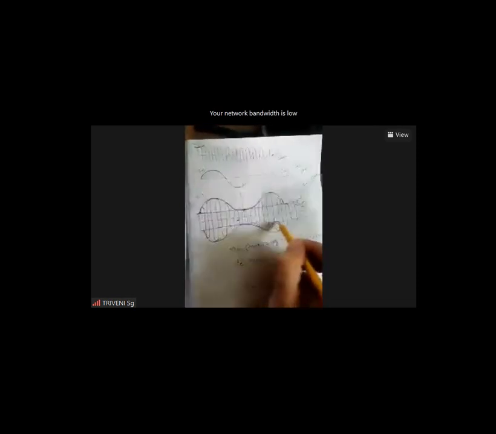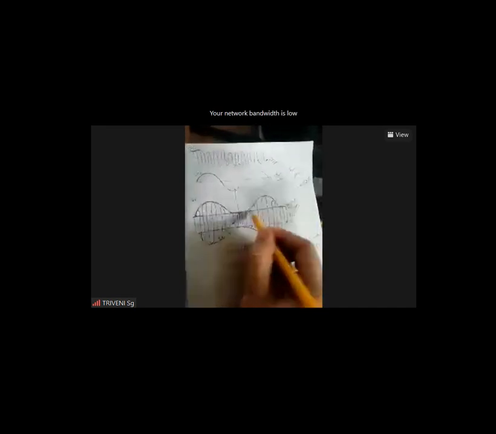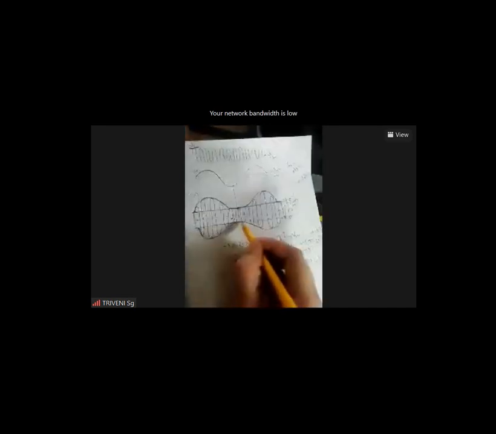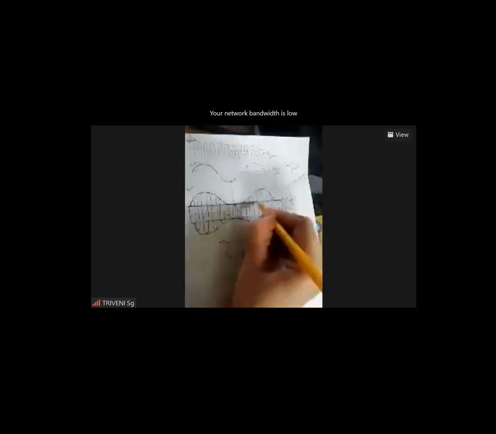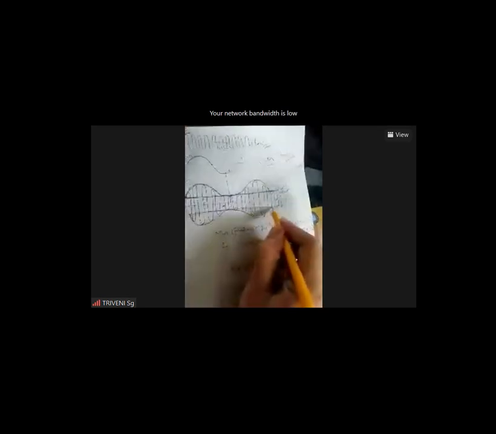This part is nothing but VC only, that is the amplitude of the carrier signal. Okay, that is the constant. Now for the remaining parts, from this one to this part and this part to this part.